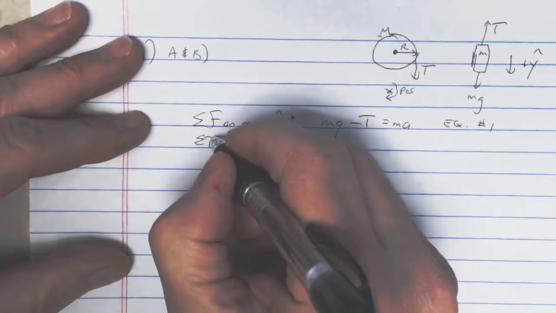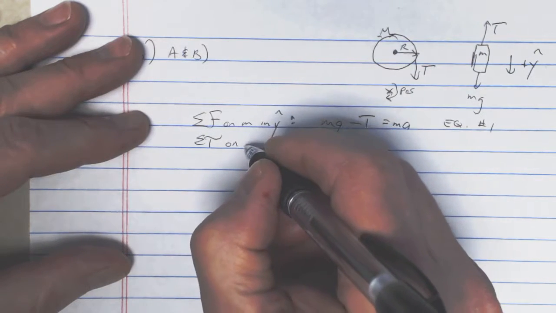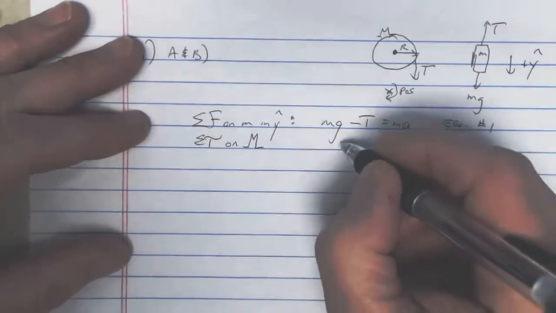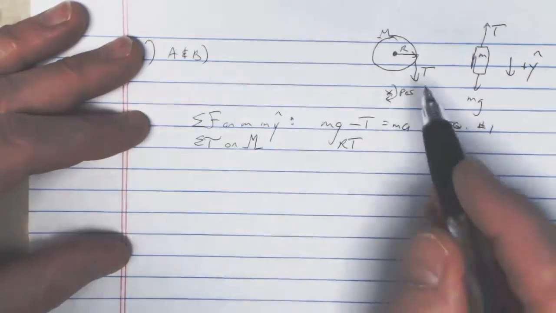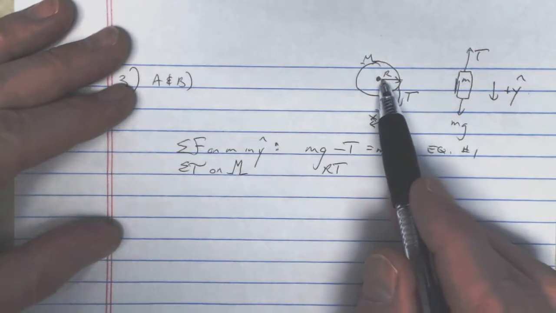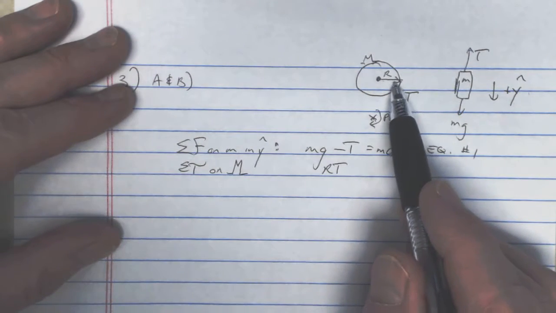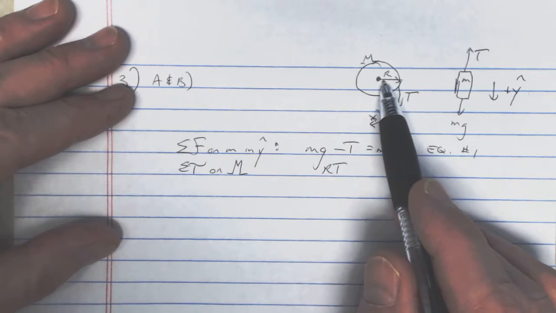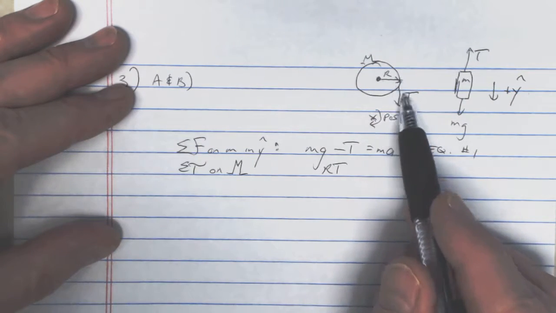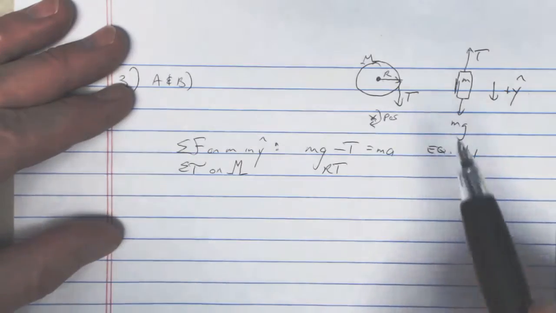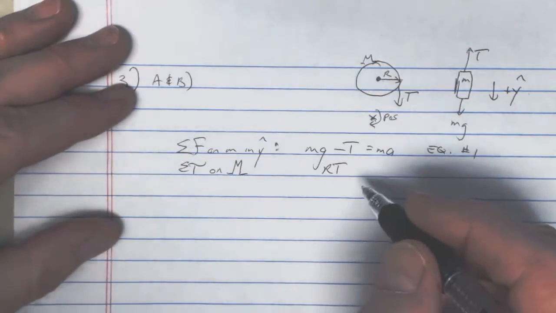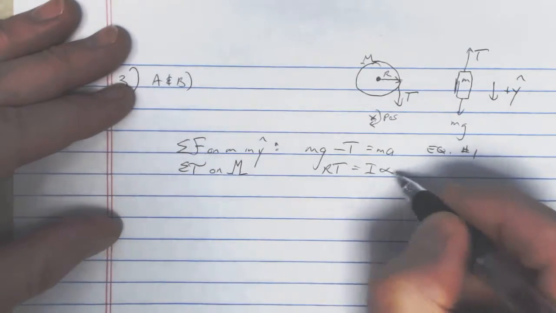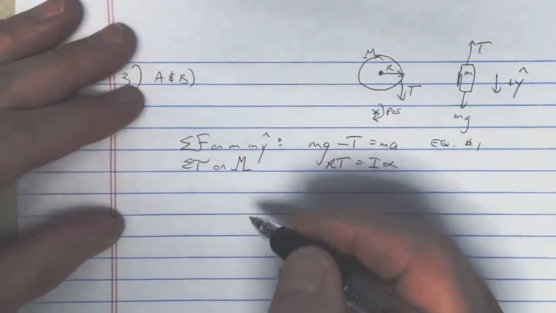The sum of the torques on the pulley is RT, because remember torque is moment arm times force. R is perpendicular to T, so sine theta is going to give you 1 because theta is 90 degrees. So RT, and this is a positive torque in my positive direction into the page. And that is the only torque acting on this object, so that's I alpha, moment of inertia times alpha.